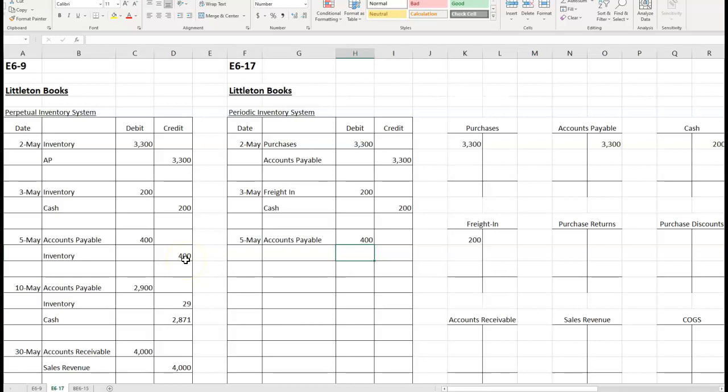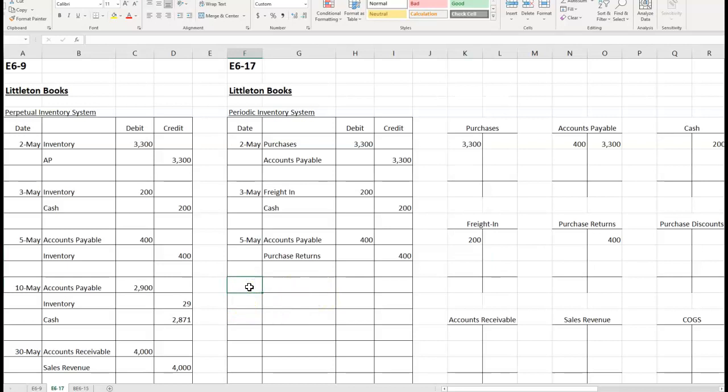But since we're not using the inventory account, we're going to use this purchase returns account. Obviously can't type today, I apologize. So let's post that. Accounts payable, $400, purchase returns, $400. Okay.